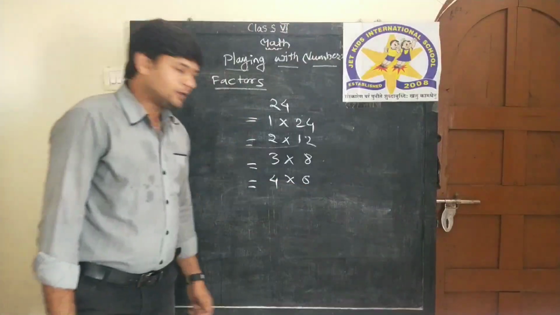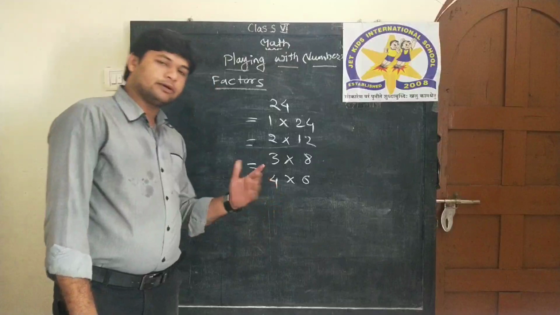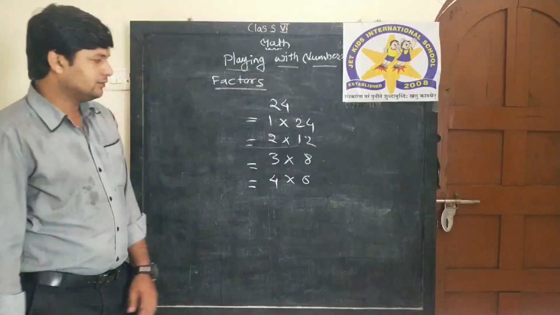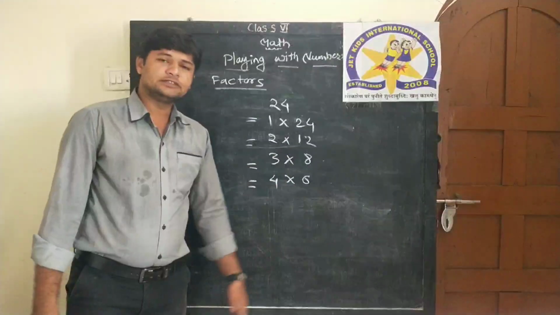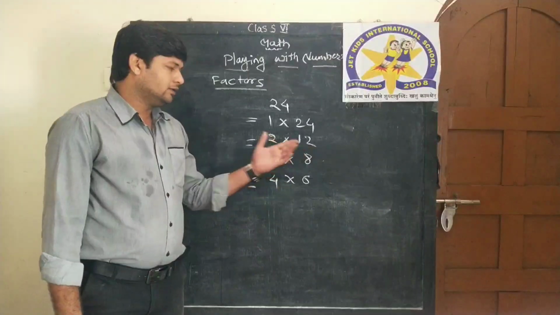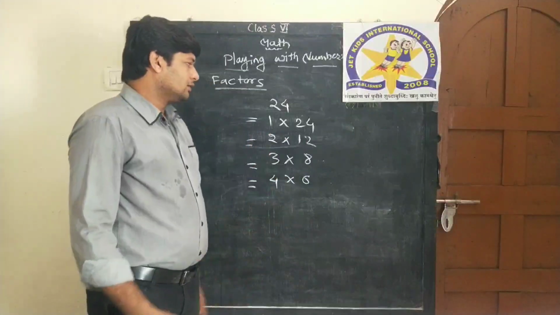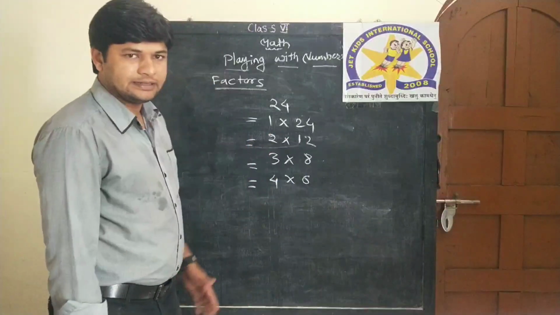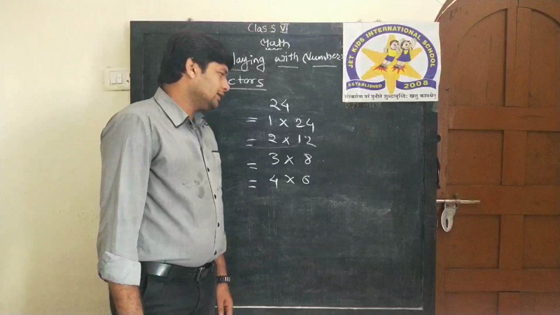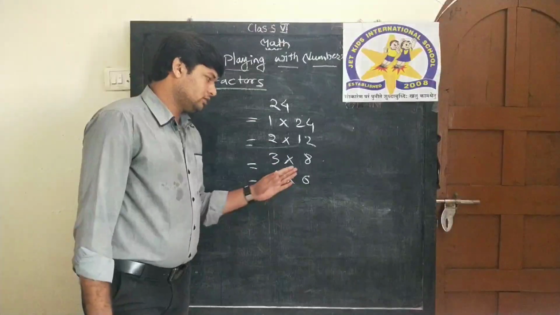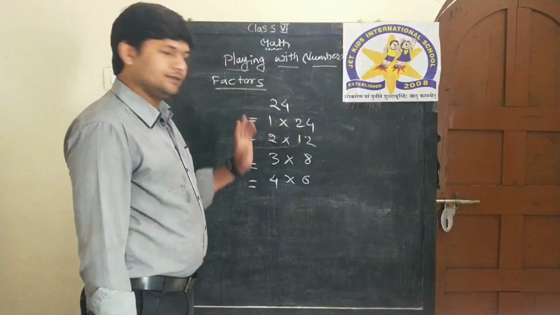It is not divisible by 5. It is divisible by 6, but 6 multiplied by 4 is already given. Then 8, 8 multiplied by 3 is already given. Then it is not divisible by 9, 10 or 11. 12 twos are 24. Then 13, 14, 15, 16, 17, 18, 19, 20, 21, 22, 23, no. No one can divide this 24.